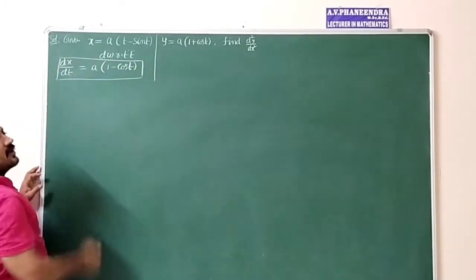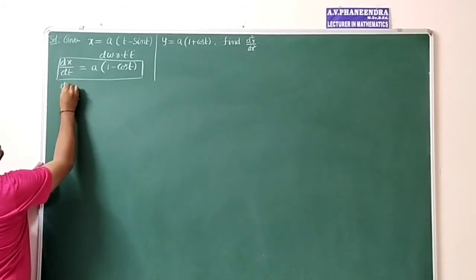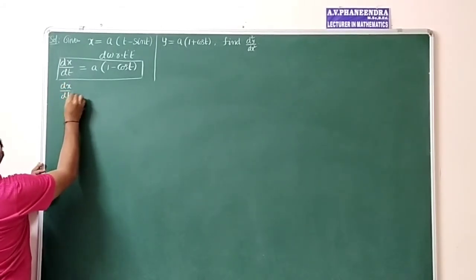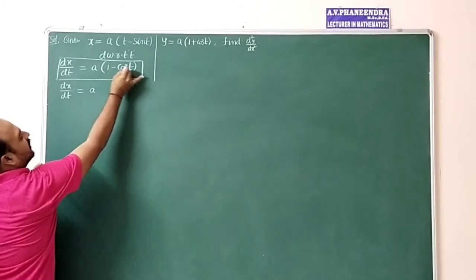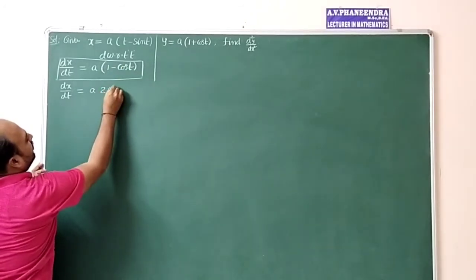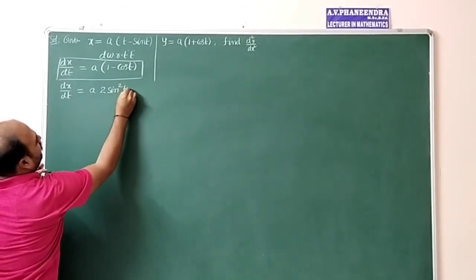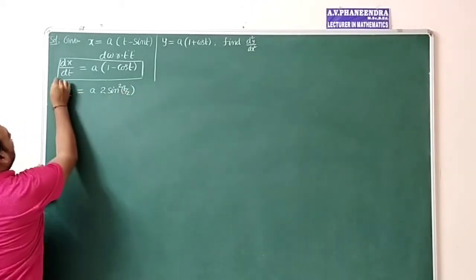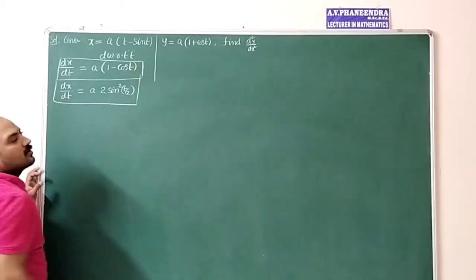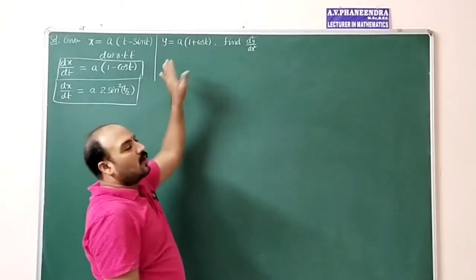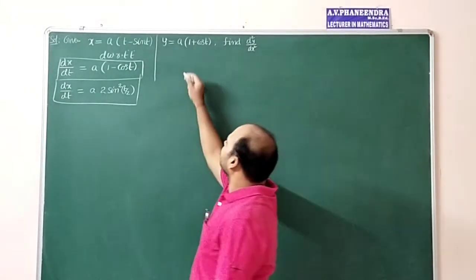Even you can simplify this. dx by dt is equal to a into (1 minus cos t), which is 2 sin squared t by 2 by the half angle formula. Now come to the y value and its derivative.